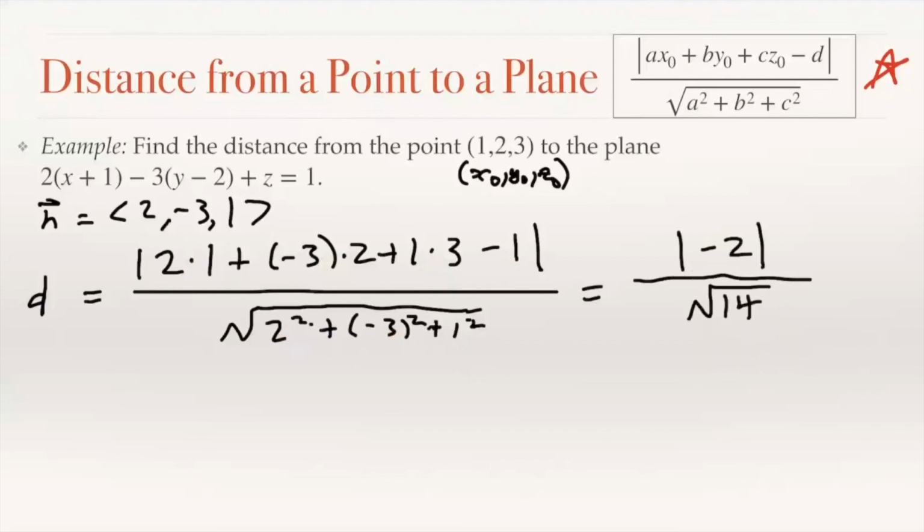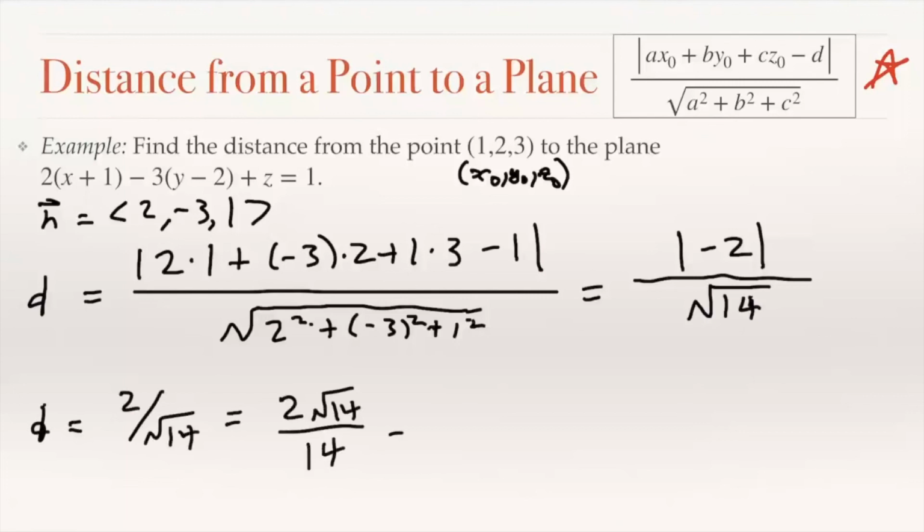And the absolute value of negative 2 is, of course, 2. So we have 2 over root 14, or it's more standard to write it this way. So that's root 14 over 7.